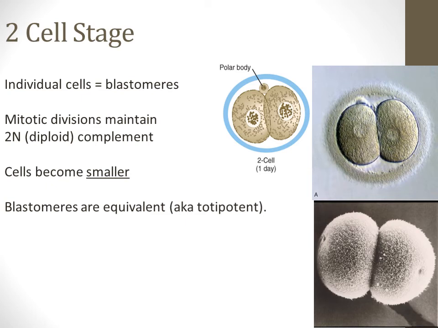Sometimes the phenomenon occurs where cells become smaller, and then you can see the blastomeres that are equivalent. Sometimes I show you human embryology diagrams, so it will help you to understand what basically happens.